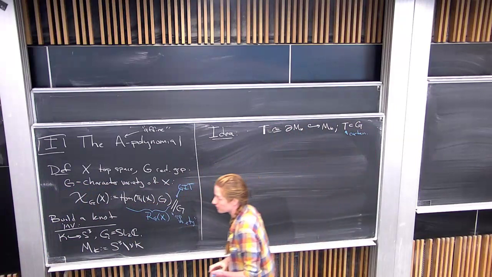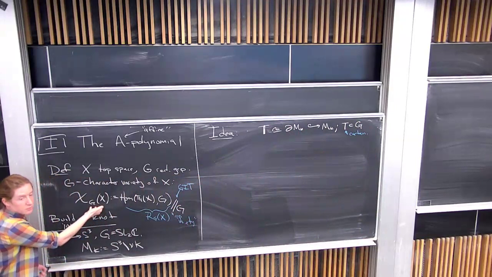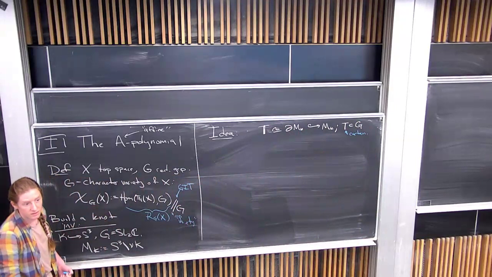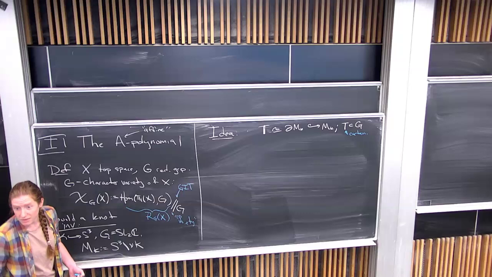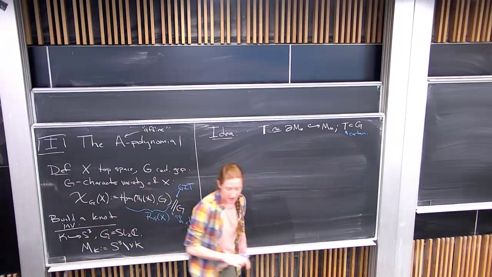Together, these let me simplify the character variety of the knot complement itself, which is kind of hard to get our hands on. It can be really high dimensional and very singular. So I'm going to use these two tools to simplify it some.